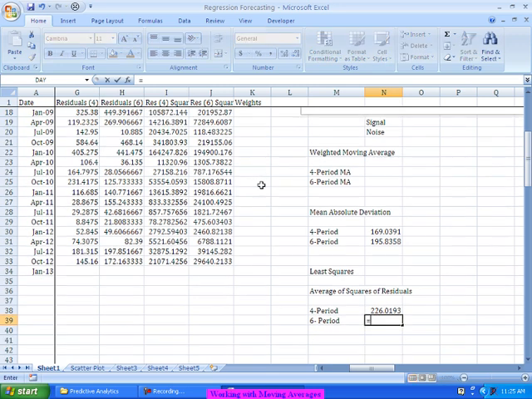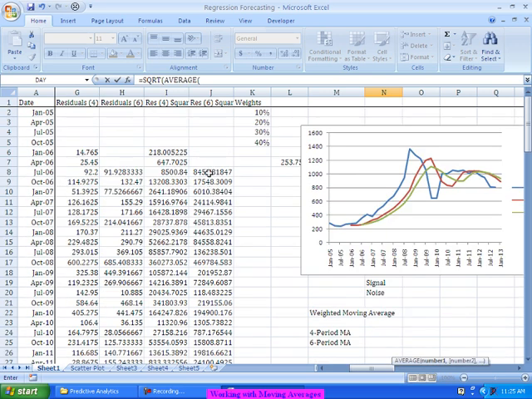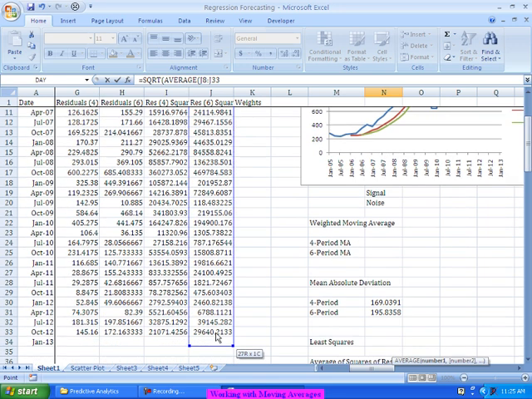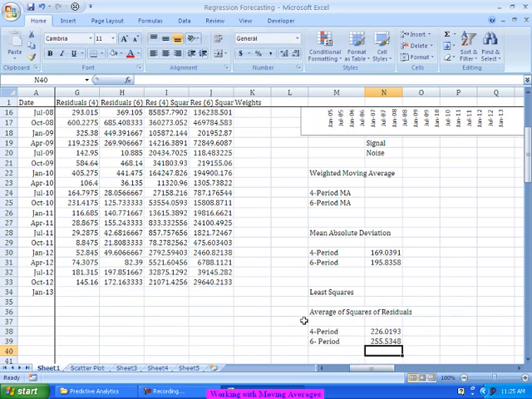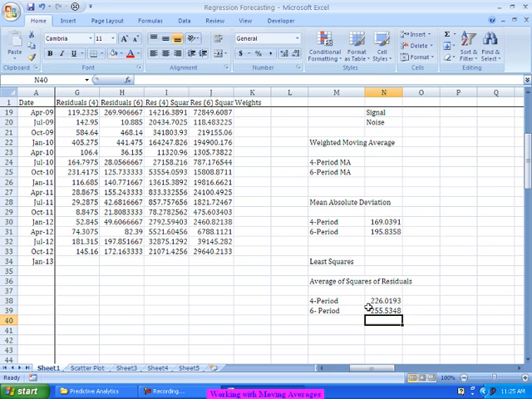Whereas in case of 6 period, I'll take the square root of the average of all the 6 period residuals. This is 255. So even this method is saying that if I am taking a 6 period moving average, the error is slightly more compared to a 4 period moving average method.